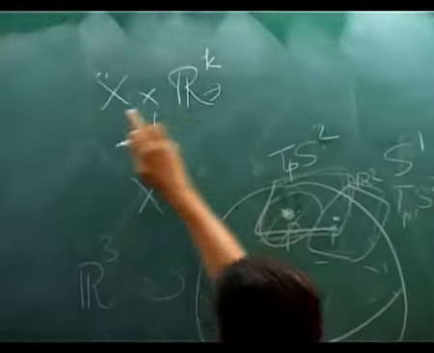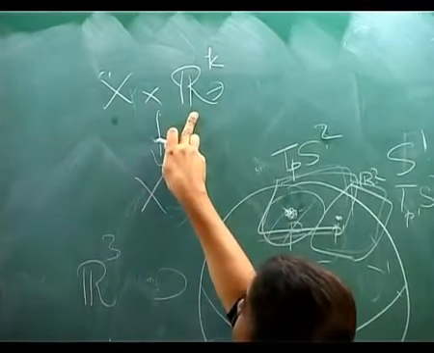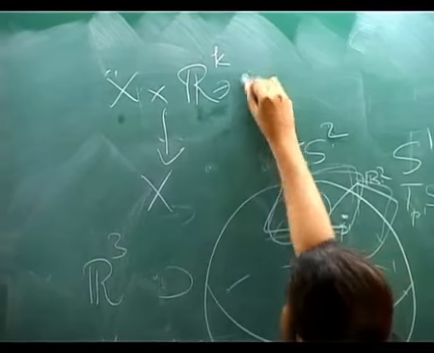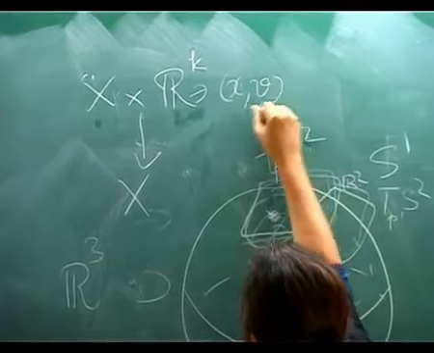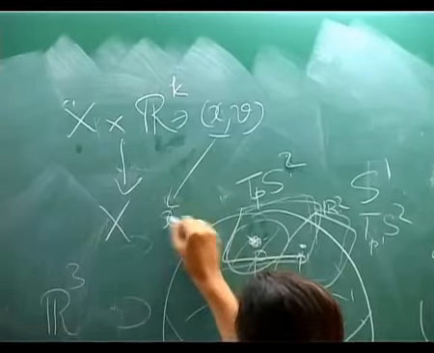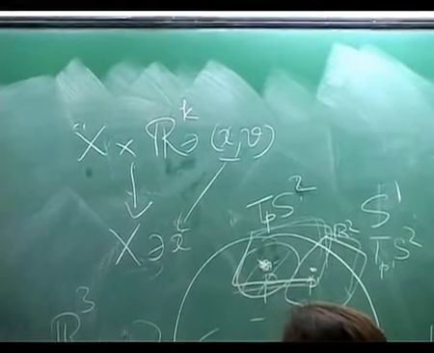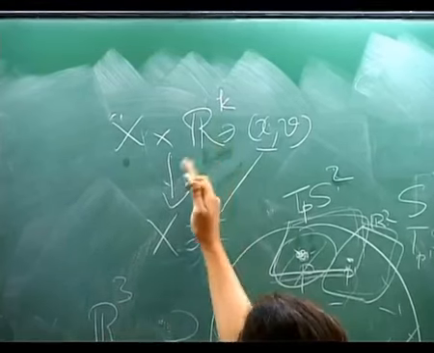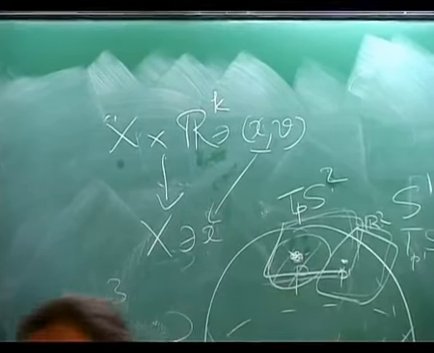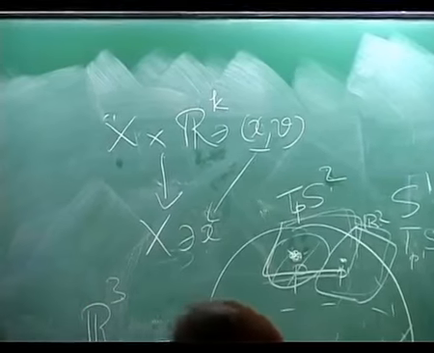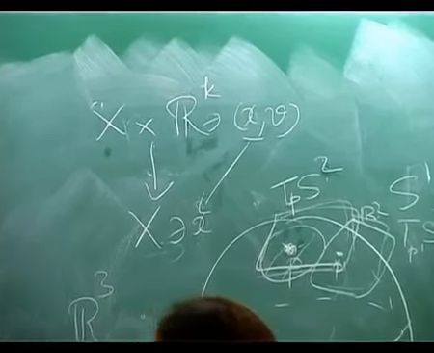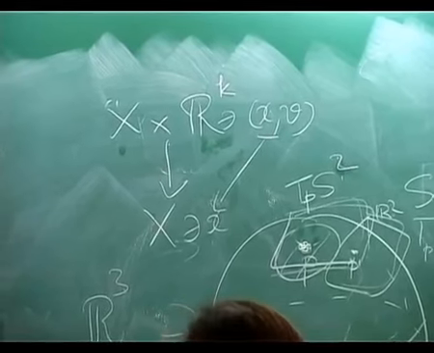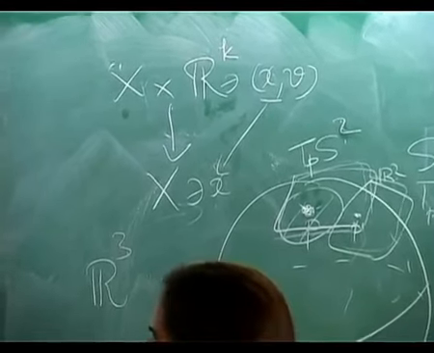Since X is a manifold and Rk is the building block, this is again a manifold. So you have X times Rk, which is sent to X by the first projection. So this is actually a vector bundle because at any point x the fiber is just Rk, so it's a collection of vector spaces. But this is a trivial vector bundle because at any point I am attaching the same vector space, which is Rk here. So this is called a trivial bundle.